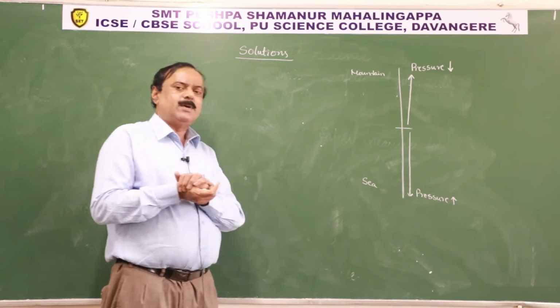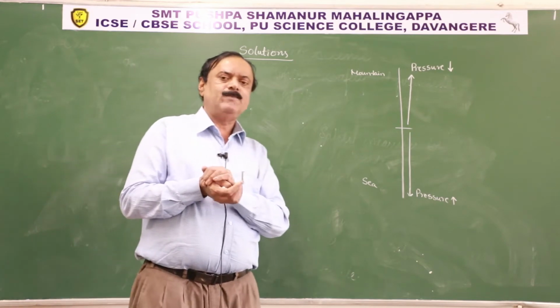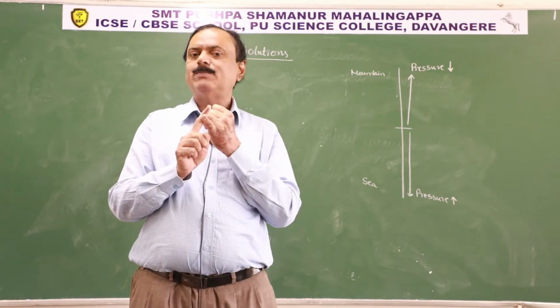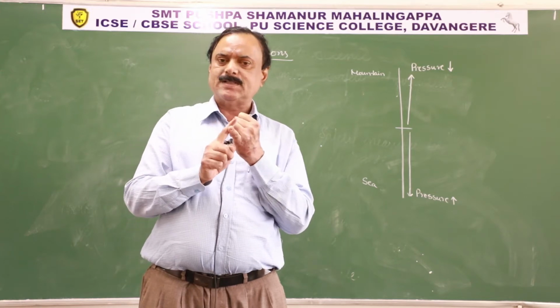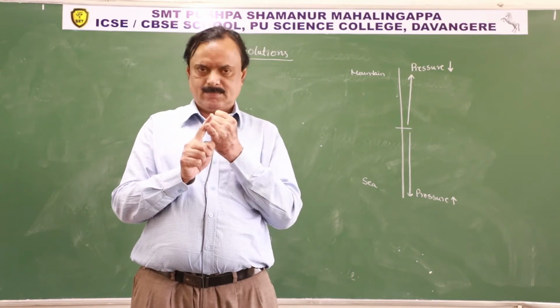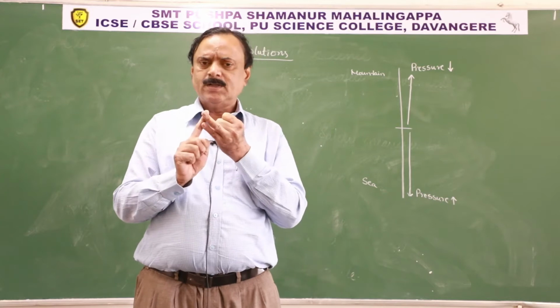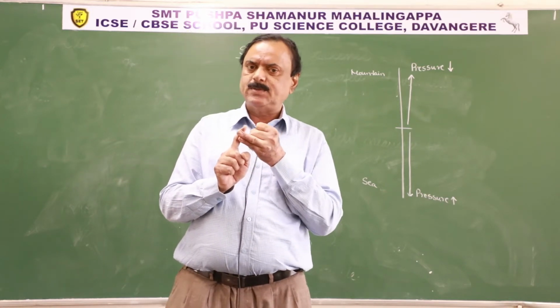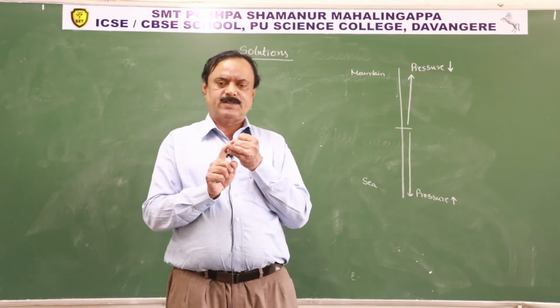Now, there are important applications of Henry's law. One is mountain climbers. They face problems because of the lower concentration of oxygen in the bloodstream, and a higher concentration of nitrogen can be observed in scuba divers.